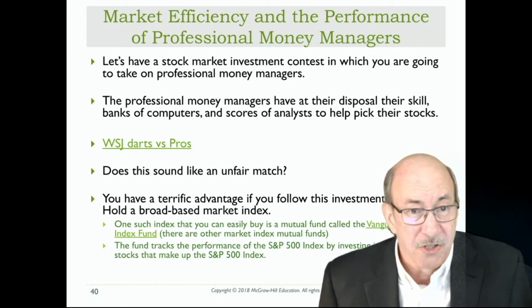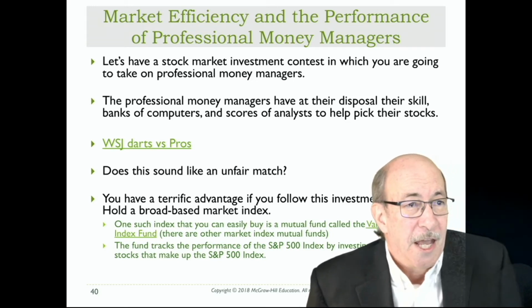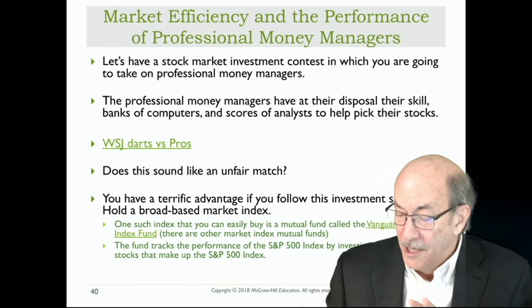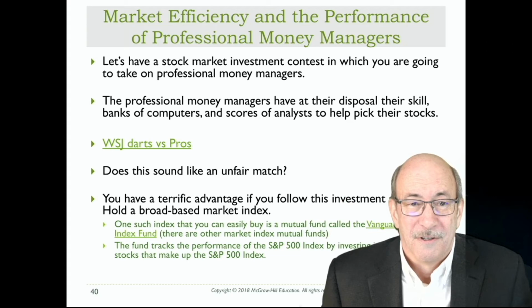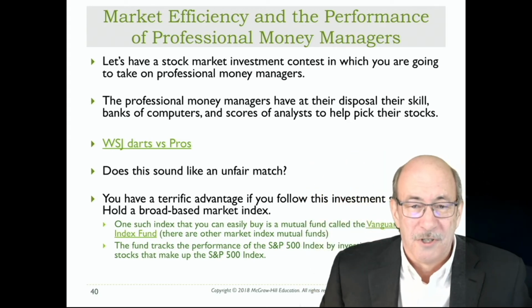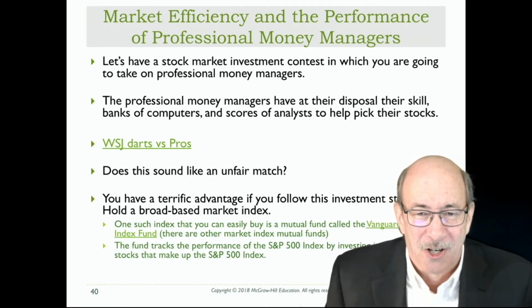The Darts column was a regular feature in the Wall Street Journal, and it pitted 3 money managers against 3 darts. They paper the wall with the Wall Street Journal. This is back in the days when the quotes were printed at the back of the journal.